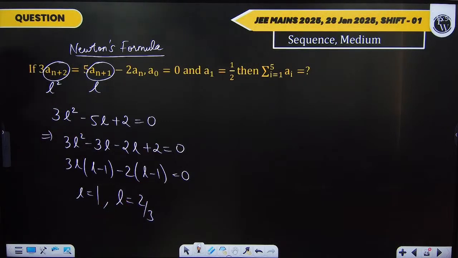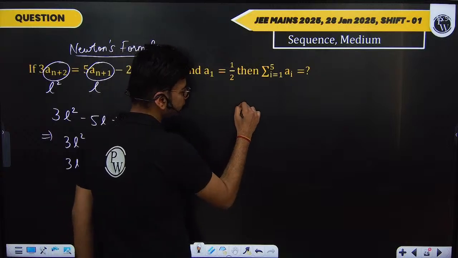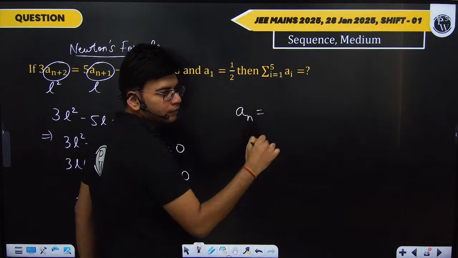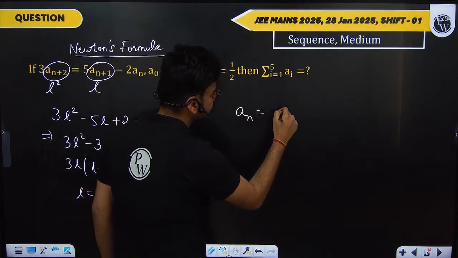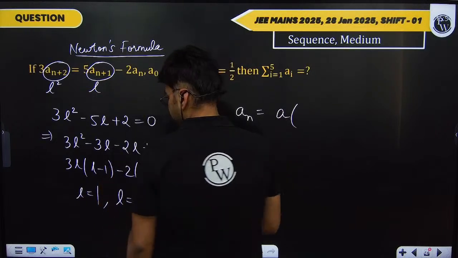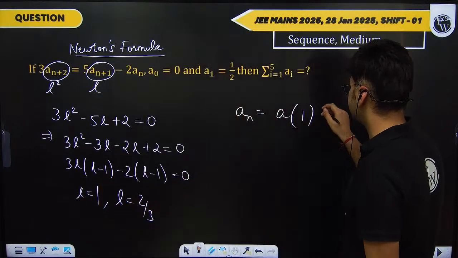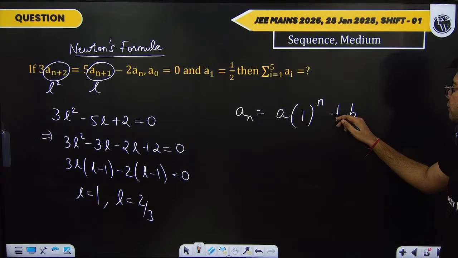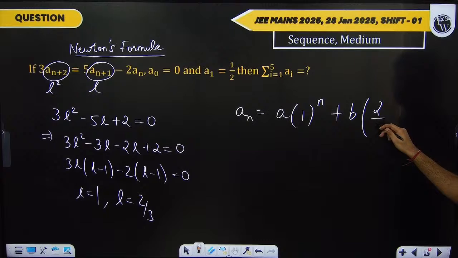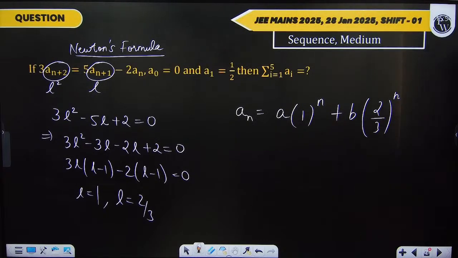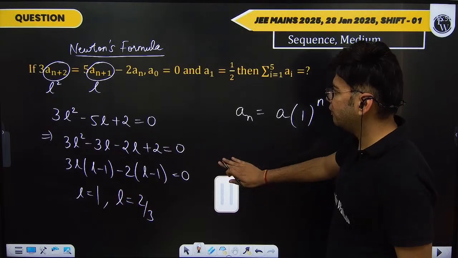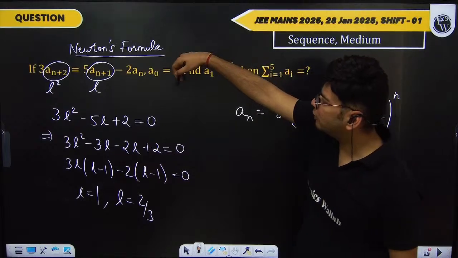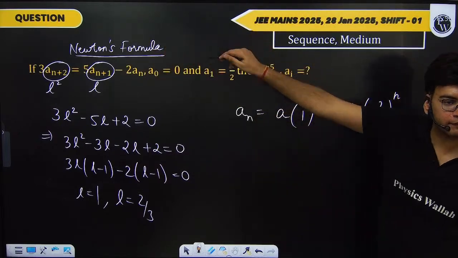So that's where I can say that my general term an will look something like this: a times 1 raised to the power n plus b times 2 by 3 raised to the power n. That's how my general term will look. It is also given that a0 is 0 and a1 is half.